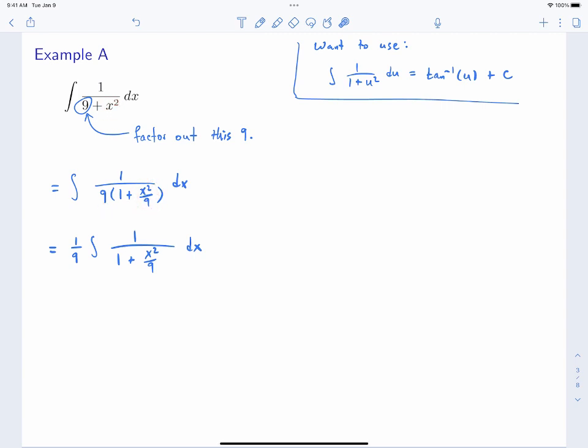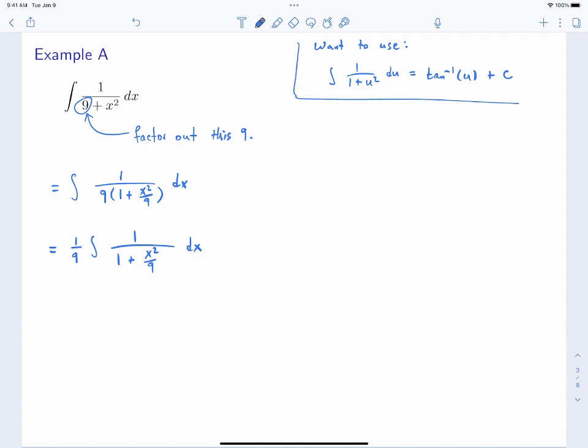So it might look like we haven't helped ourselves too much because we now have a 1 here, but this isn't x squared anymore, it's x squared over 9. But that's okay, because what we're really interested in is 1 plus u squared in the denominator for a suitable choice of u. And we're going to be able to rewrite this x squared over 9 as u squared for some u.